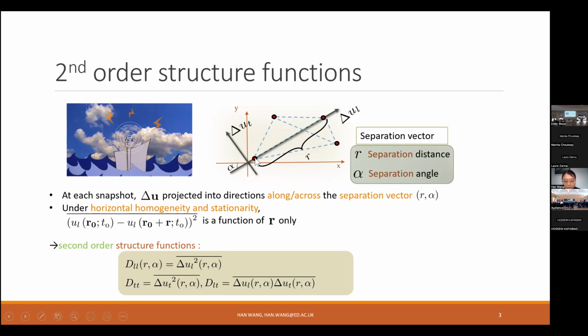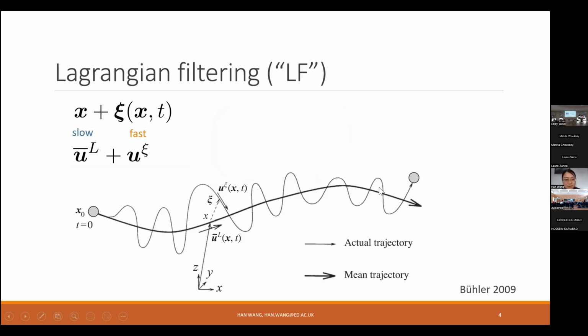It's not a function of the starting location or the timestamp of the snapshot. Under this assumption, we can define the second-order structure functions accordingly, which are just products of delta u_L and delta u_T. And as a note about all notations in this talk, whenever you see a subscript, it's denoting some component. It's not going to denote any partial derivatives in this talk.